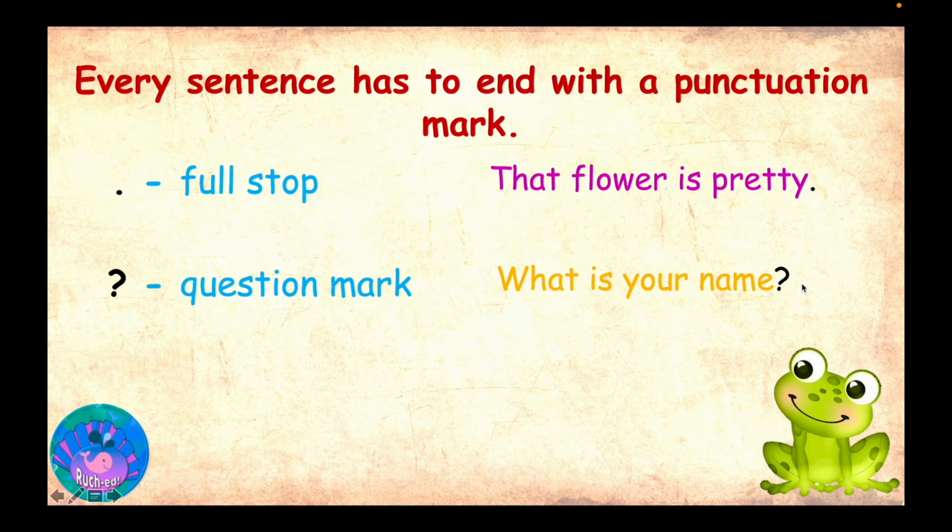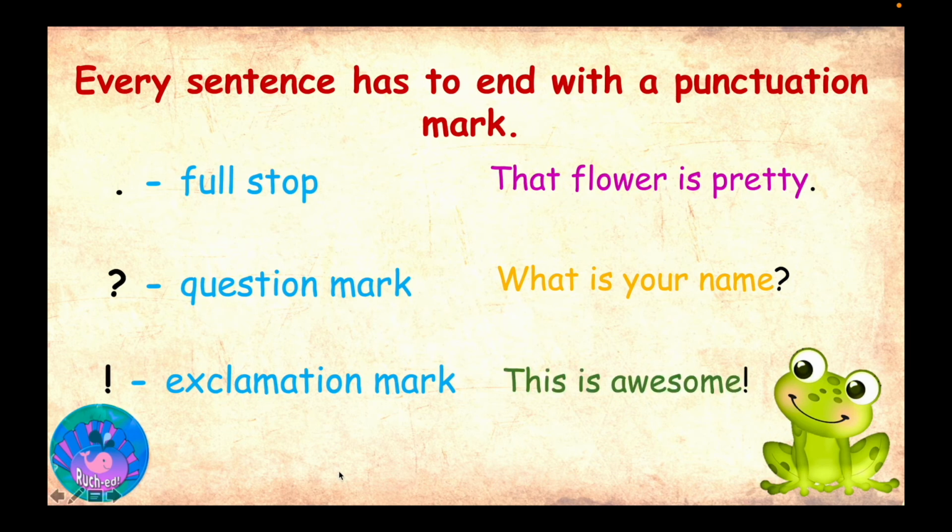The third punctuation mark with which a sentence can end is an exclamation mark, which looks like this, a standing line with a dot under it. When a sentence is saying something with a lot of emotion and feelings, then we end it with an exclamation mark. For example, this is awesome!